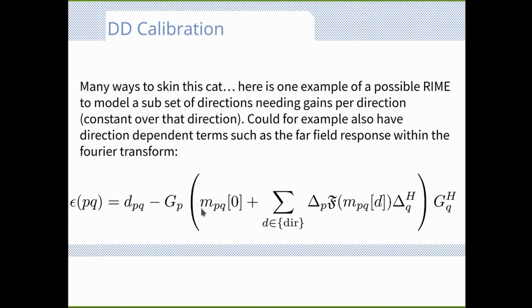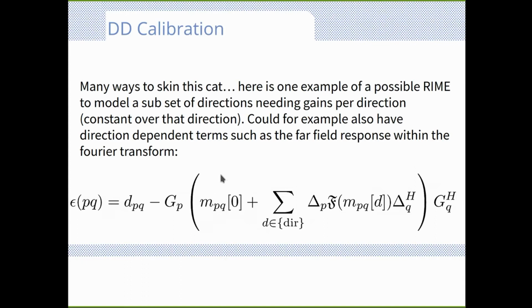Here we have, again, gain terms, gain P and gain Q. So these two antennas, P and Q, for all such antennas. These are direction independent gains. They apply to all of the sky. The sky here is given by both the part of the sky which is not affected by these direction independent errors. So all of the fainter sources off axis across the entire sky.